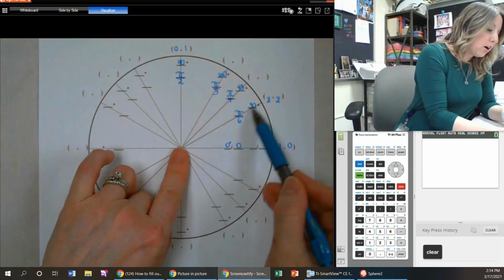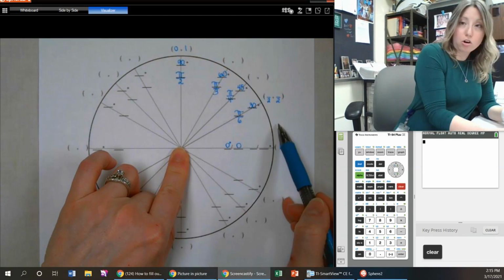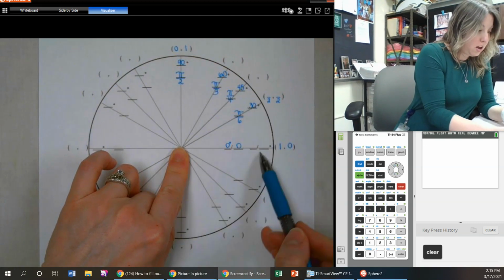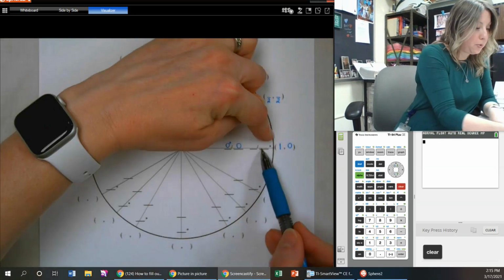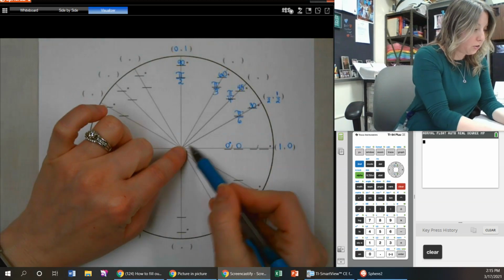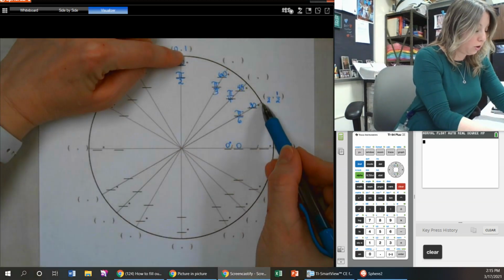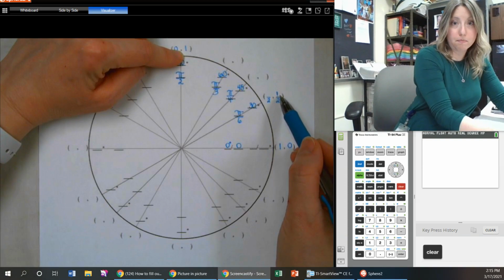We know for 30 degrees, so this is my 30 degrees, across here is the 1, right? Well, this is how far up the y we got. So 1/2 is the y. Look, this is total of 1. Halfway up is our y coordinate here.